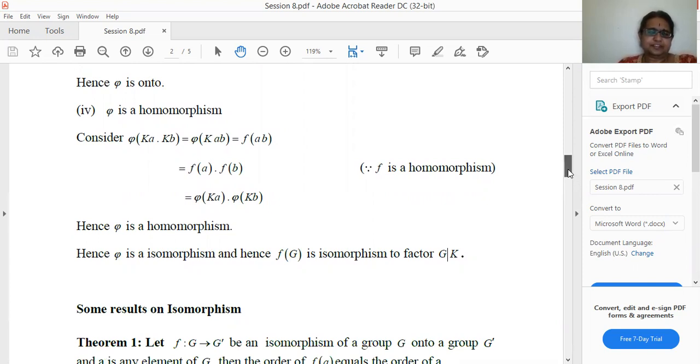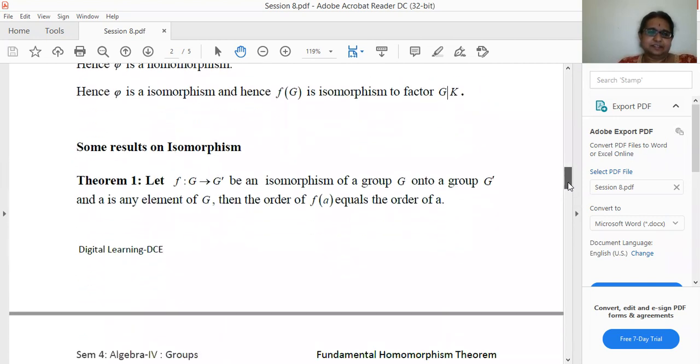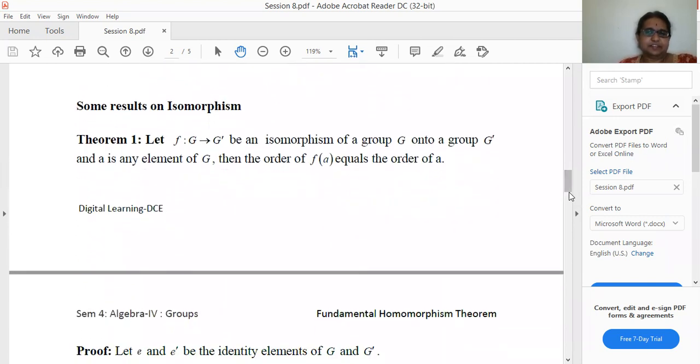Now we shall prove some results on isomorphism, and these we are proving in the form of theorems. Theorem 1: let f from G to G dash be an isomorphism of a group G onto the group G dash, and A is any element of G, then the order of f of A equals the order of A. So here it is given that f is an isomorphism, which means it has to be a homomorphism, and it has to be 1 to 1 and onto.